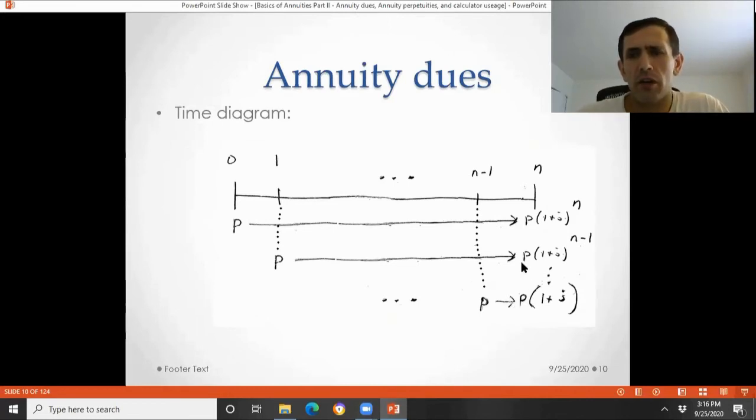And so the accumulated value of all these payments are the same, except all these payments accrue one more period of interest, because all the payments are made at the beginning of each period versus at the end of each period.